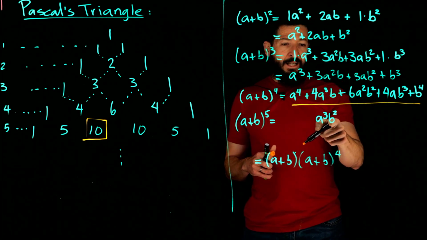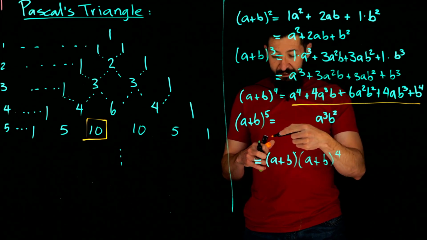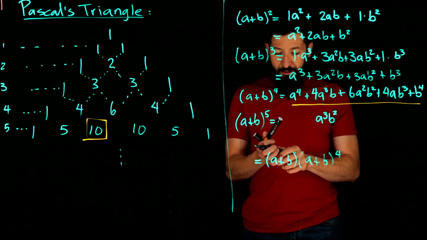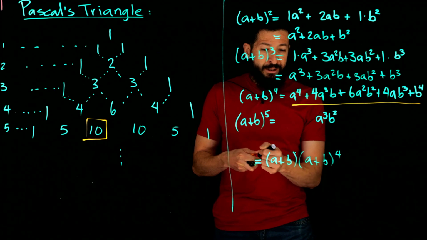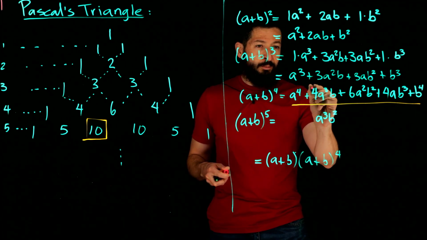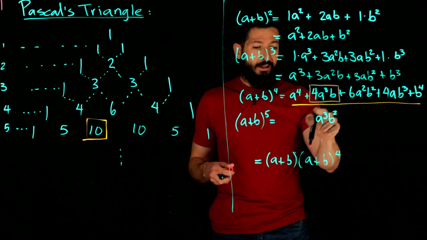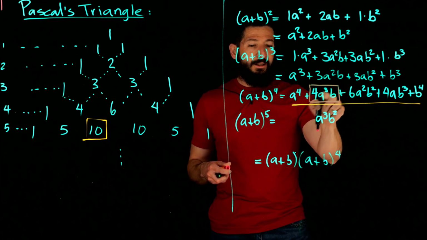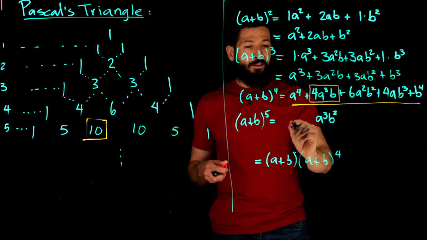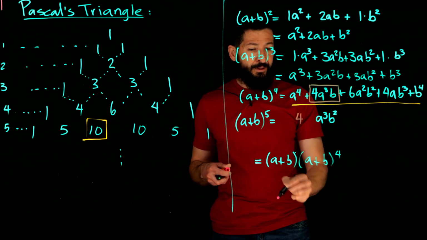How can I get an a cubed b squared? I can get it if I multiply b times a cubed b, and that term has a coefficient of 4.